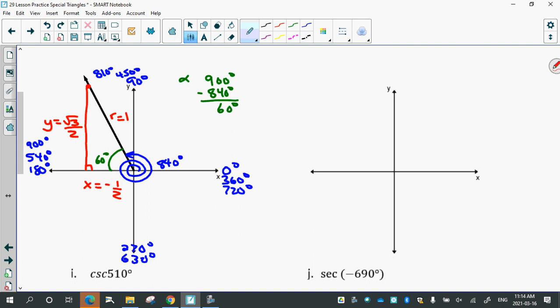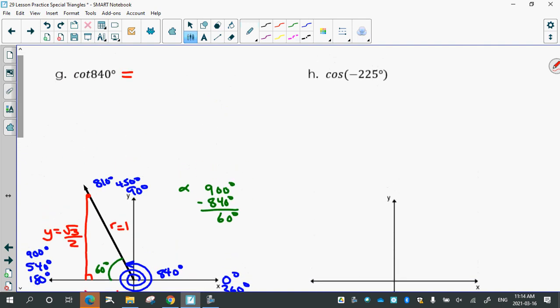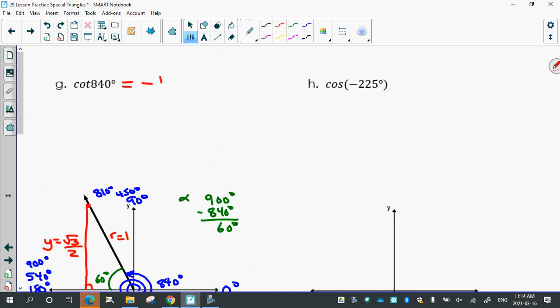And then see what ratio we're asking for. So cotangent is x value divided by y value. So -1/2 is the x value divided by the y value, which is √3/2. X divided by y. And then we have fraction divided by fraction where they have the same denominators.